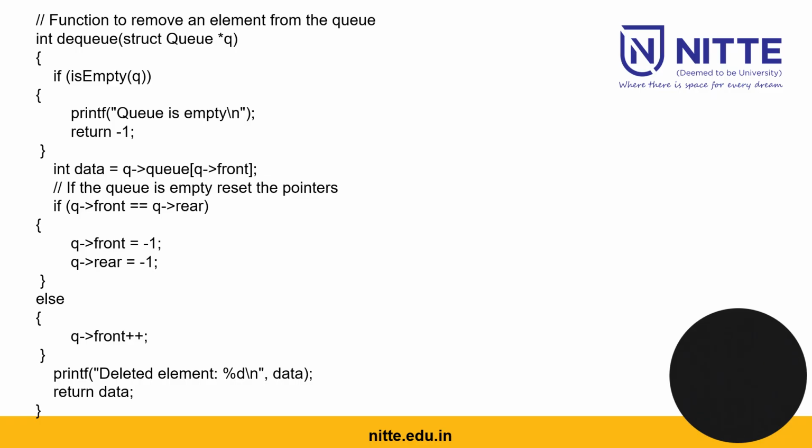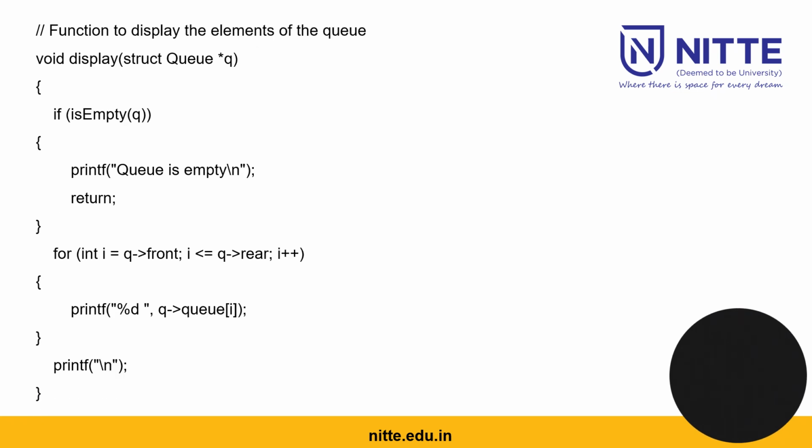So it will print deleted element %d, data. We have assigned that element to data, so that element will be deleted here and it will return the deleted data.